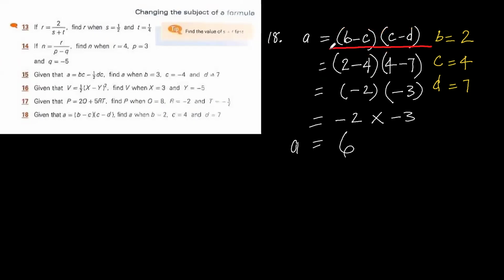So it's B minus C, C minus D. But we know what B was. B is 2, C is 4, and D is 7. So when we substitute them, 2 minus 4 gives me -2, and 4 minus 7 gives me -3. So -2 times -3 is equal to 6. Correct.